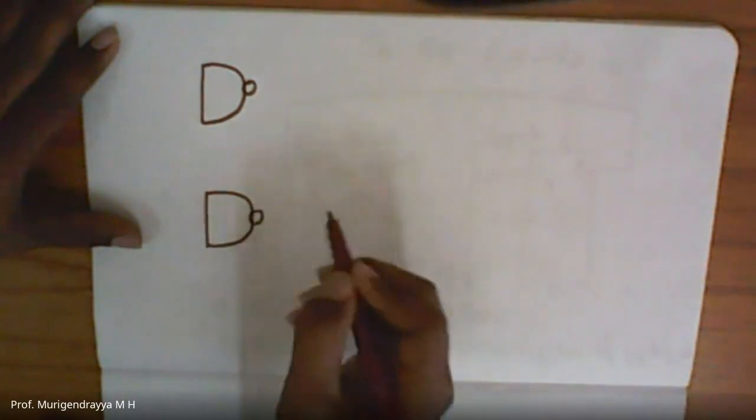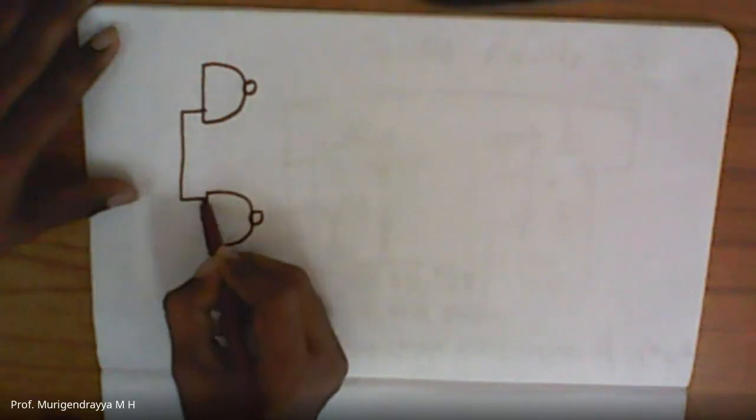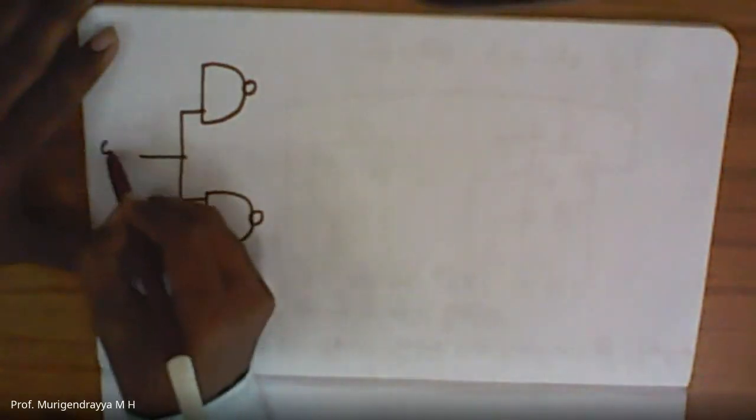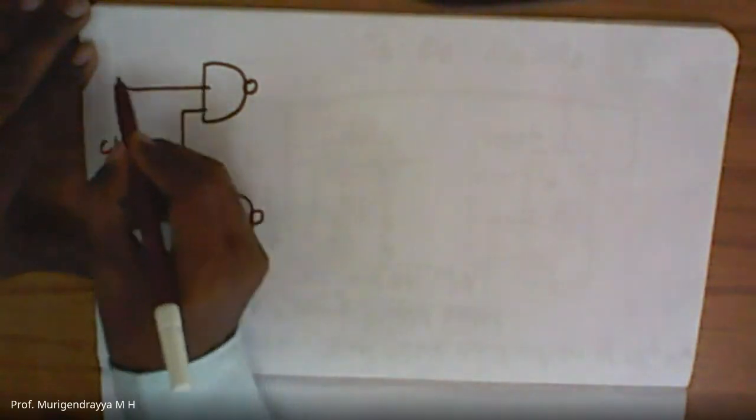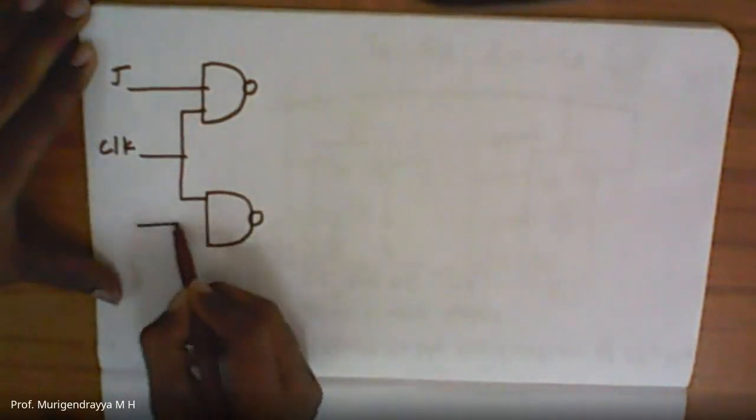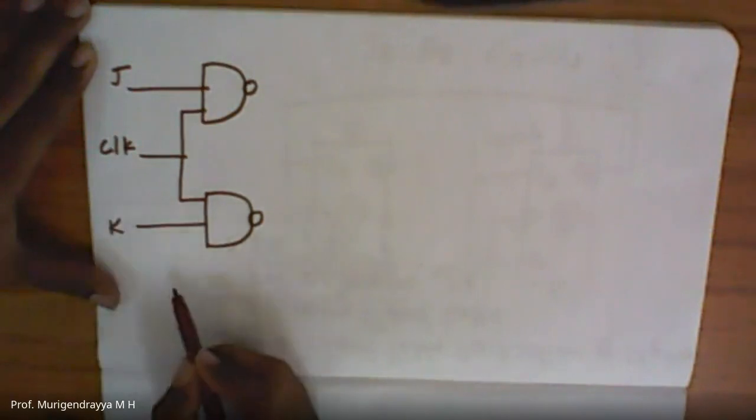So this is the first JK flip-flop with a NAND gate, another NAND gate, and these two are connected to a clock input, and you have to consider this as a J input and this is a K input.